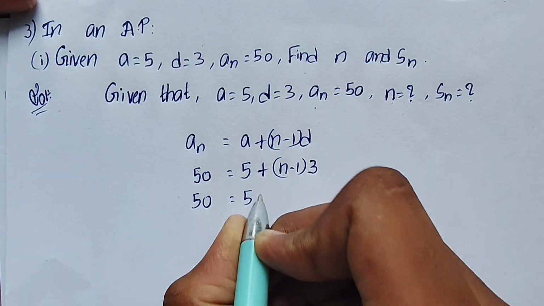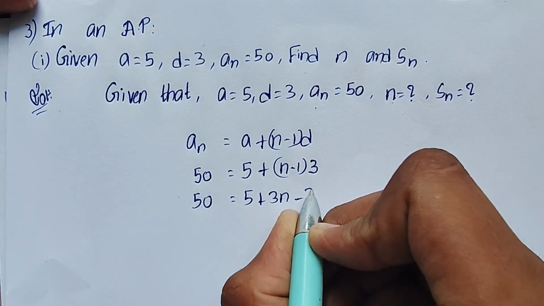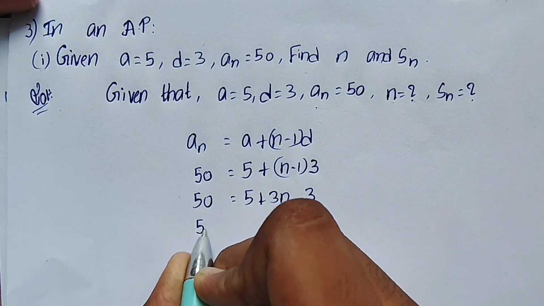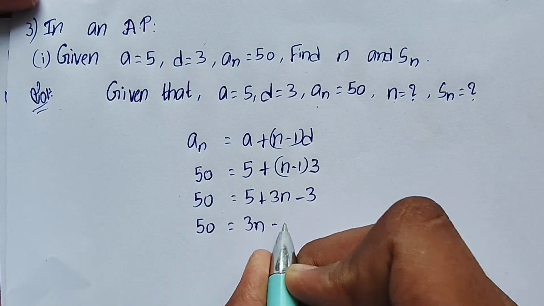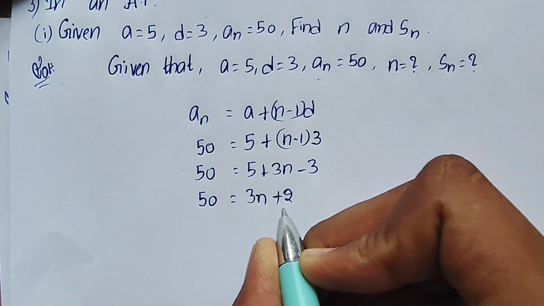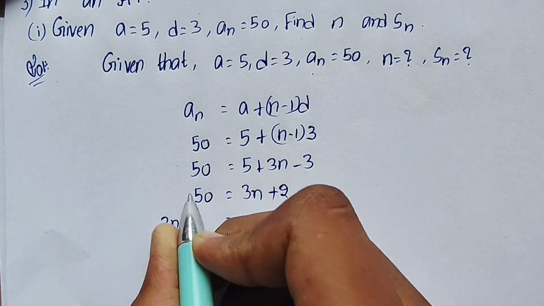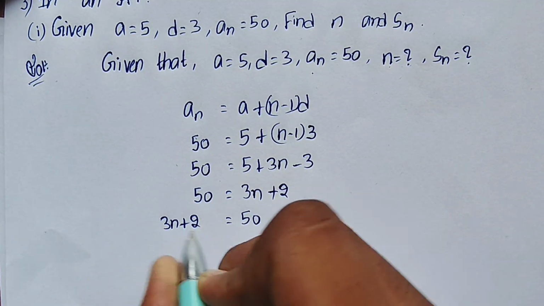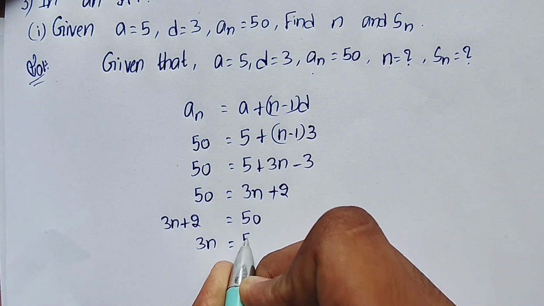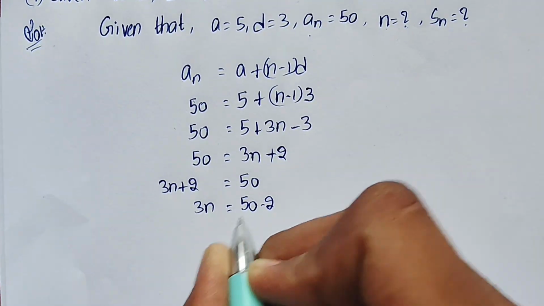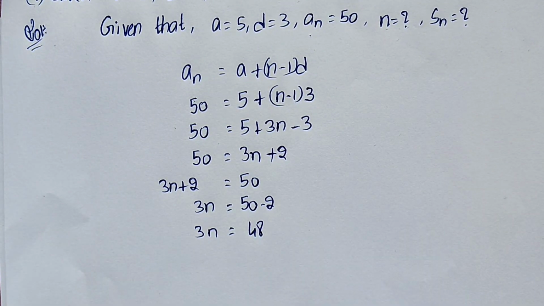50 equals 5 plus 3n minus 3, since 3 ones are 3. So 50 is equal to 3n plus 5 minus 3, which is 3n plus 2. So we can write this as 3n + 2 = 50. If we transpose plus 2 to the right side, it will subtract. So 3n = 50 - 2, which is 48.